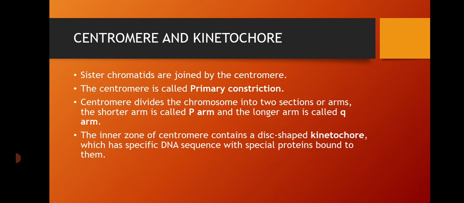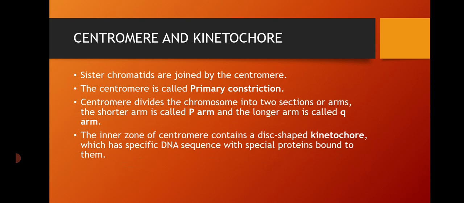The shorter arm is called the p arm and the longer arm is called the q arm. The centromere has 5 zones, namely an inner zone, 2 middle zones and 2 outer zones. The inner zone of the centromere contains a disc-shaped kinetochore, which has a specific DNA sequence with special proteins bound to it.